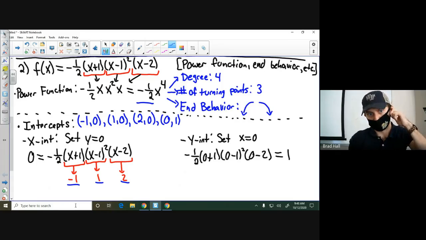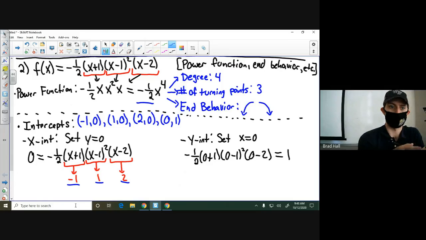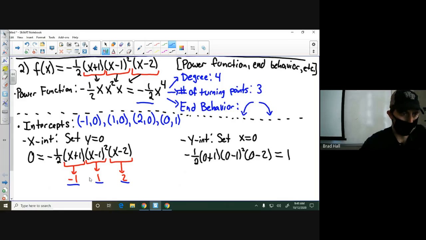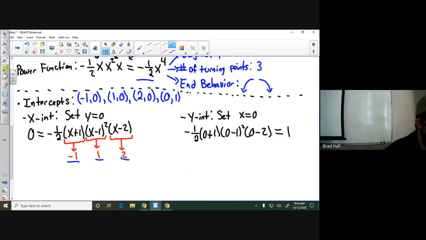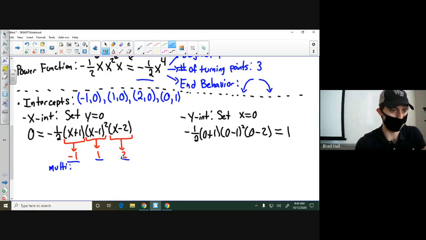So the behavior means we need to know the multiplicity. So remember, the multiplicity is the exponent of the factors. So with that being said, we'll start off with the -1 on the far left here. The multiplicity, I'll just put multi for multiplicity.